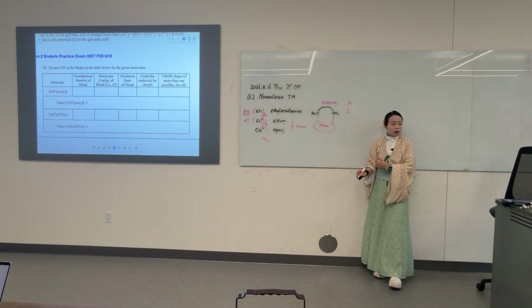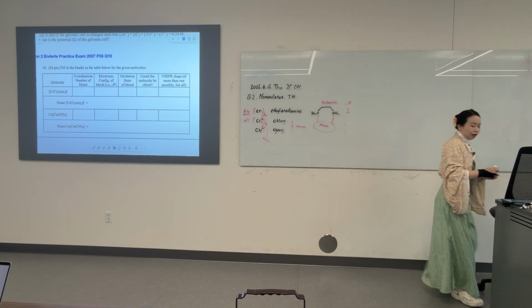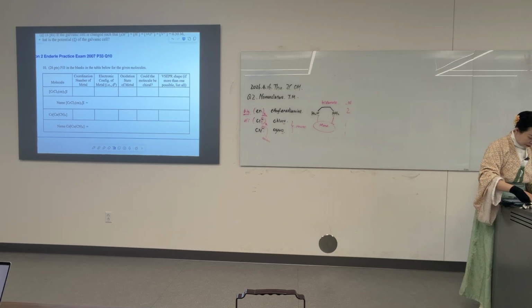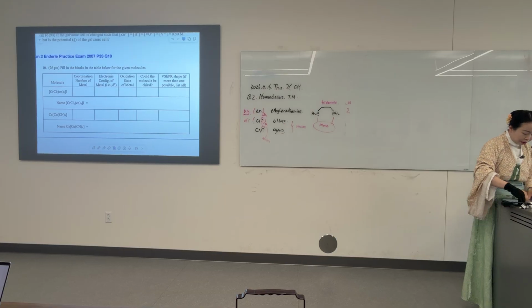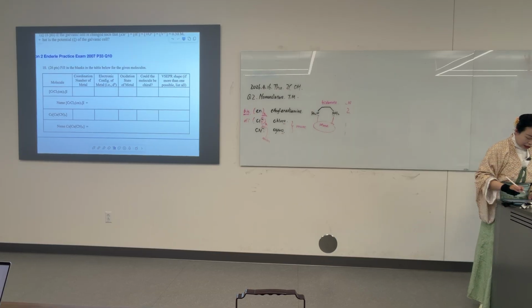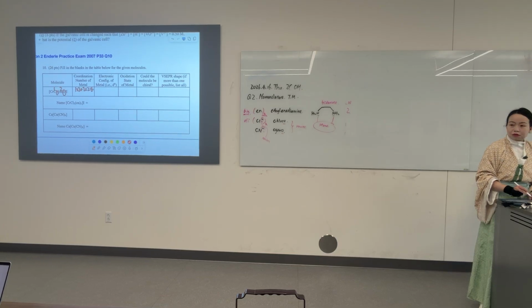Now for this one, the coordination number: this one is 2, 2, 1. So 1 times 2, add 2 times 2, that's 6. You are only responsible for 6, but I'm just writing the whole thing.